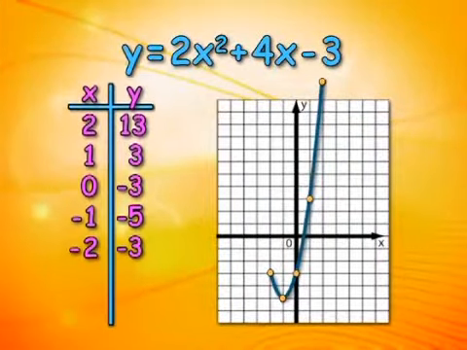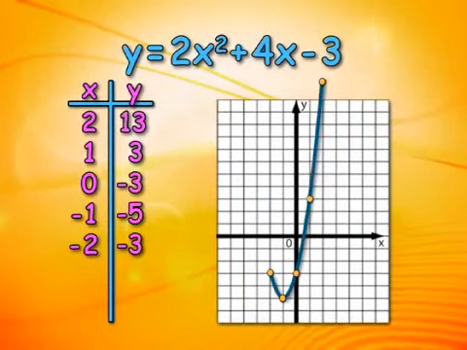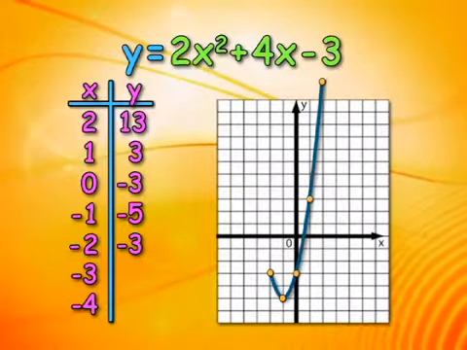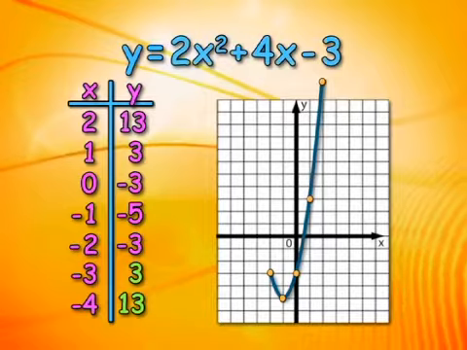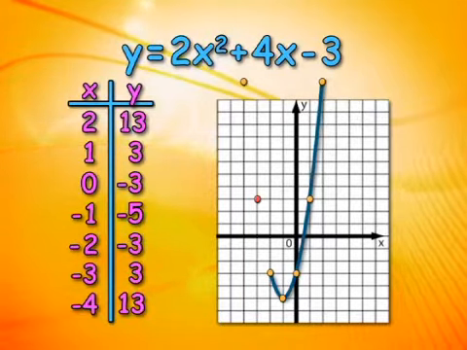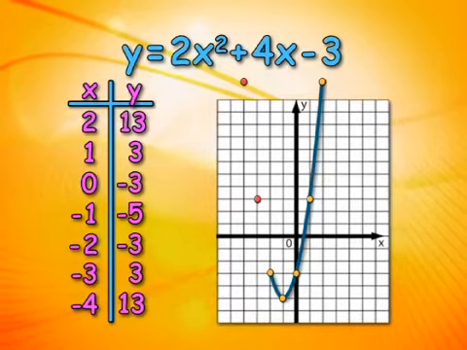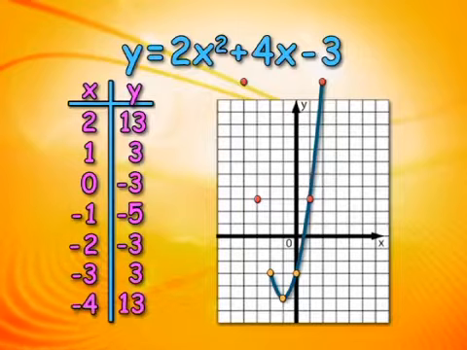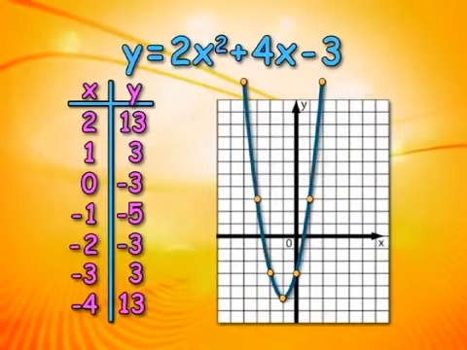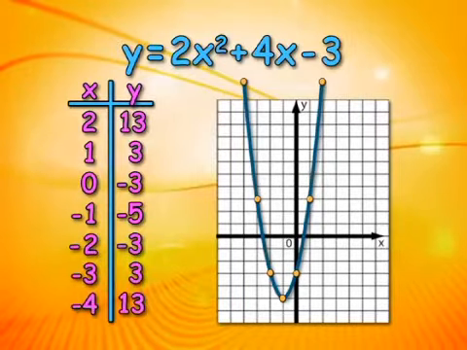We'll take the next 2 lower values for x, -3 and -4, and substitute them into the equation. And graph the points. -3, 3 and -4, 13 do indeed have the same y values as 2 other points. When we connect these points with the rest of the graph, we have a parabola.